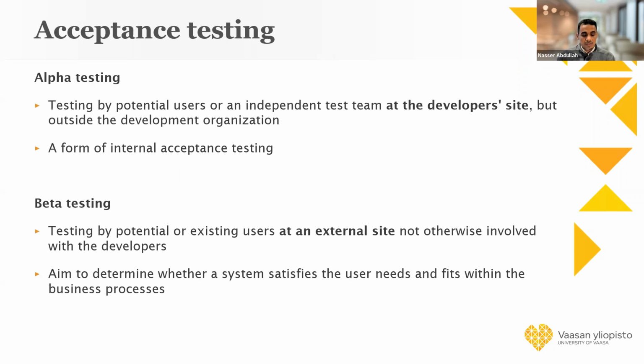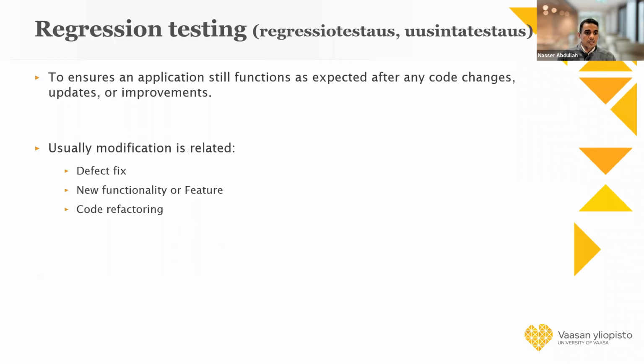For example, they will check the ability to sign in. If it works, pass. If not, it's not pass. It is kind of like a questionnaire after the user explores the whole system, and then the user can mark it okay or not okay, pass or fail. This is acceptance testing.